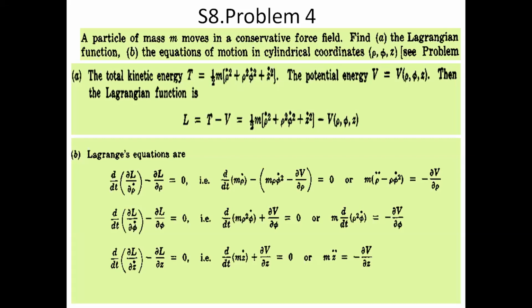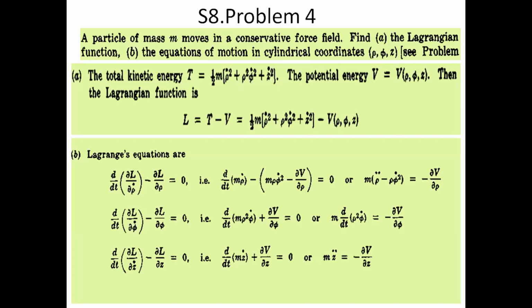The potential energy gradient gives me the force, so the potential energy itself is definable. That means the force field is conservative. So I am to find the equations of motion in cylindrical coordinates rho, phi, z. I have written down the kinetic energy.